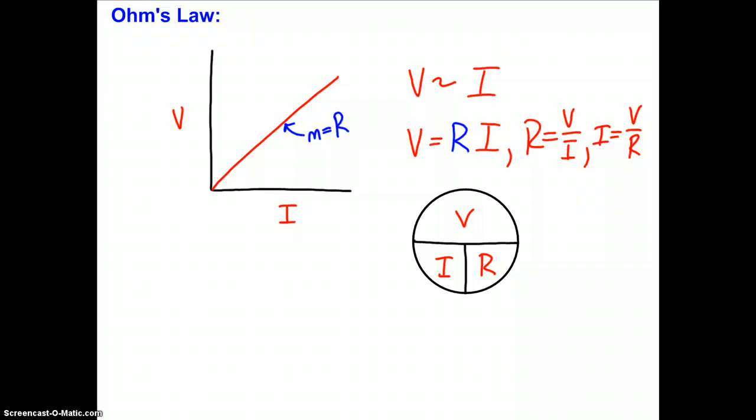So in other words, if we cover up V in this circle, V is equal to I times R. If you cover up I, it is V over R. If you cover up R, R is equal to V over I. Okay, so you could use any of that.